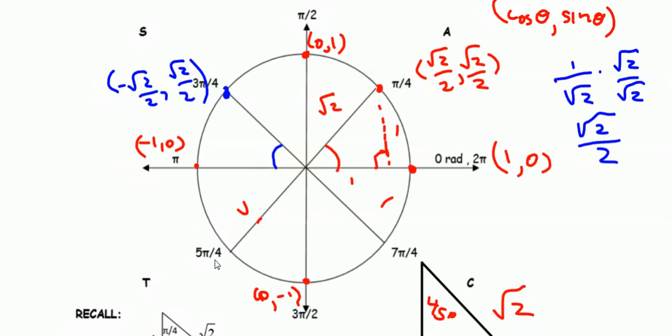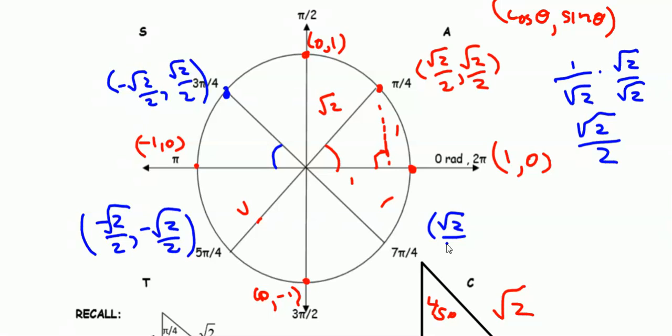If I go down here, with CAST, the only thing positive is tan. That means that both of the ratios here are negative. And over on this one, same thing, except cos is the only one positive, so root 2 over 2 and negative root 2 over 2. Okay? So that's for this one.